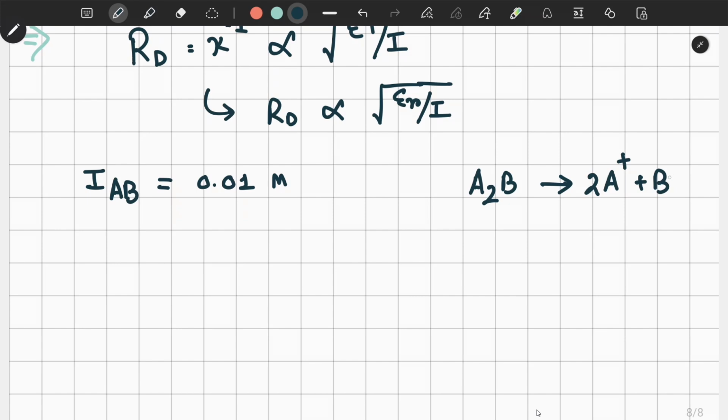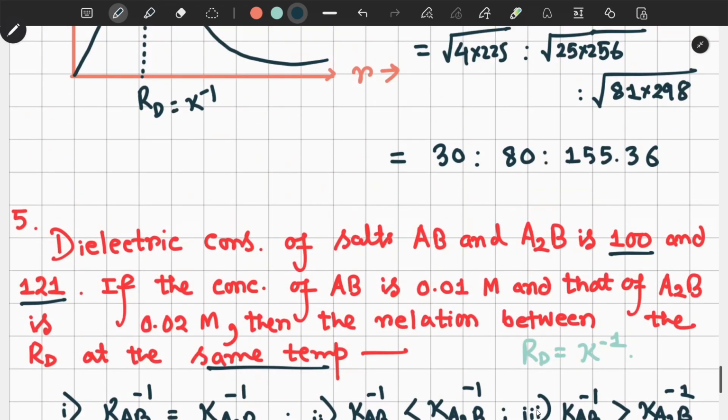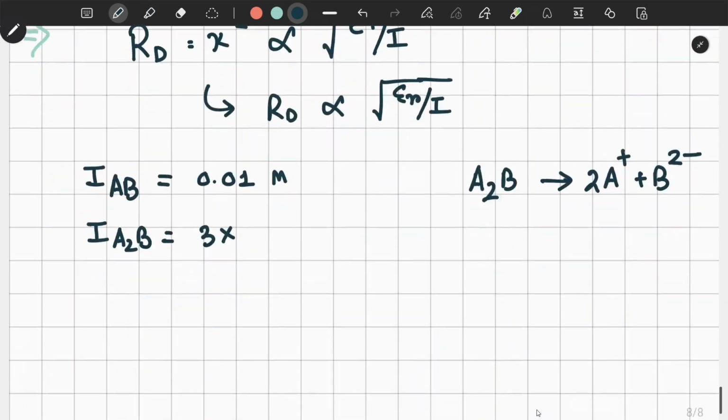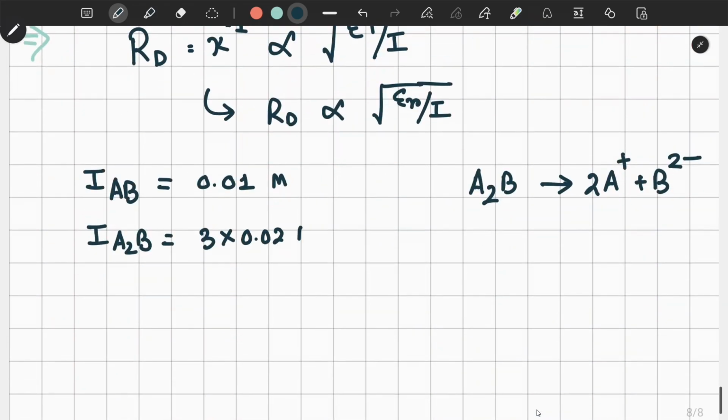It will be three times the concentration. So I of A2B will be 3 into the concentration, that is 0.02. Should I do it or is it understandable? Yes, it's understandable.